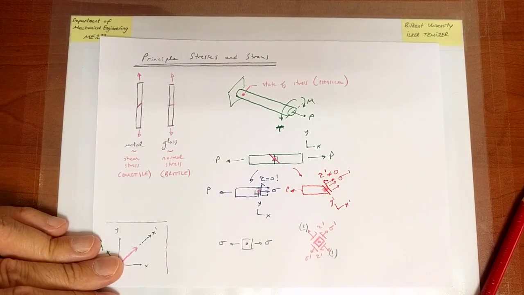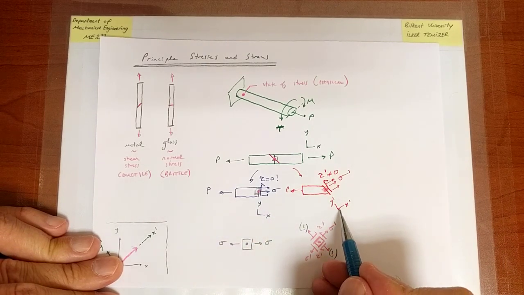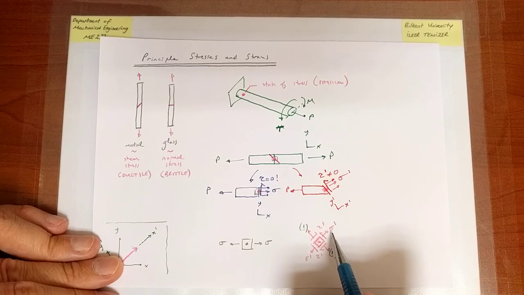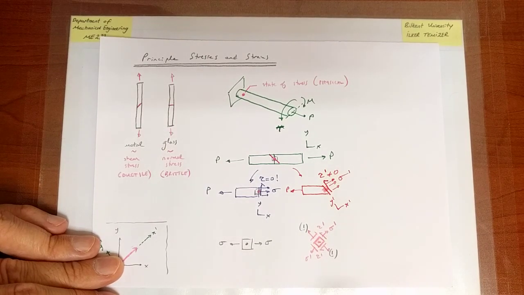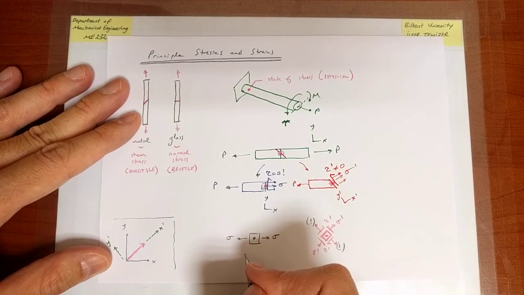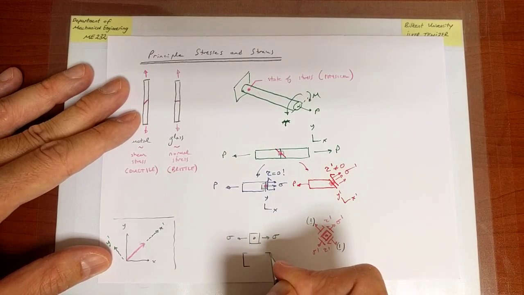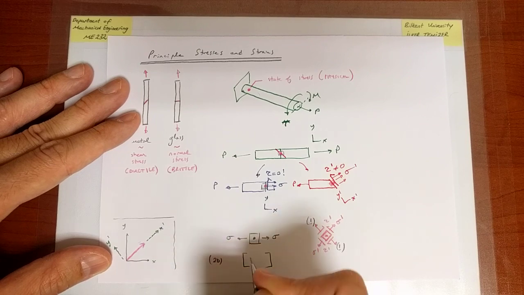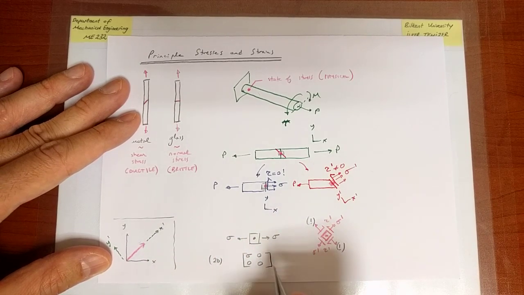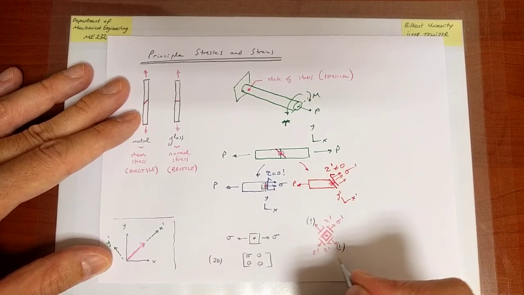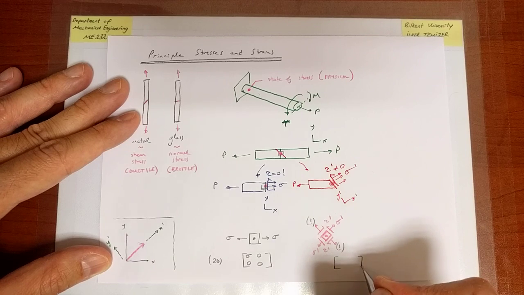This is the picture with respect to the XY coordinate system. That's the picture with respect to this rotated coordinate system. And I'd like to find the components of the stress with respect to this coordinate system. So here the stress eventually forms a matrix that looks like this, omitting the third direction. So strictly 2D, if you like, it is sigma, 0, 0, 0. There is no normal stress associated with the perpendicular direction. Here the stress looks like this.